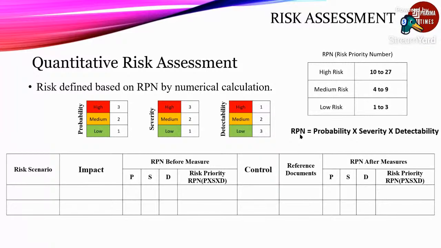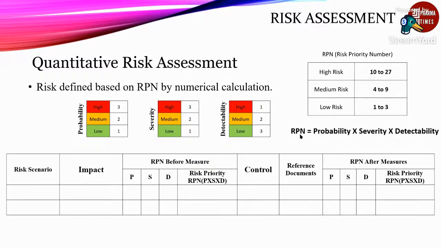So this type of table is also used. It is similar to the previously seen table, which is used for qualitative risk assessment, and this one is for quantitative risk assessment. So here a numeric approach is used to define and to verify the risk scenario.